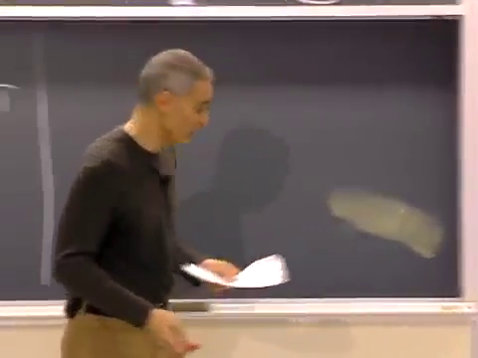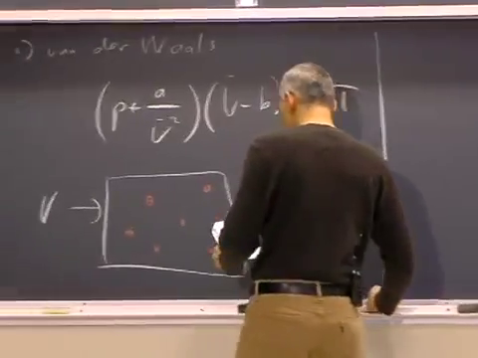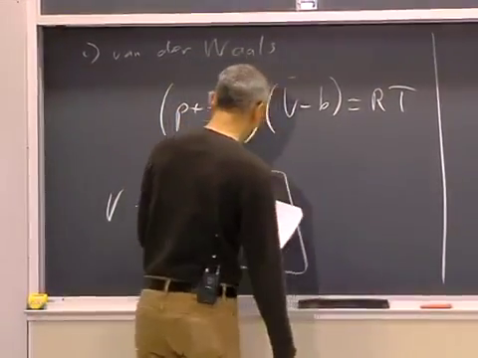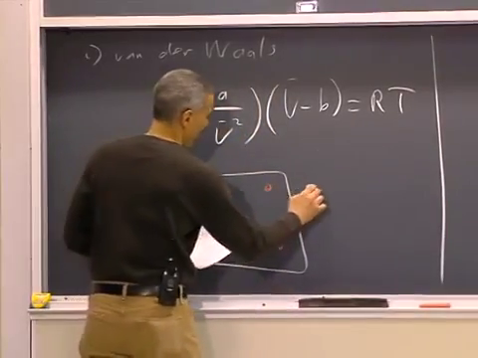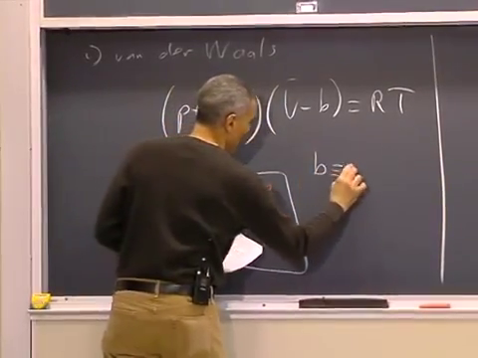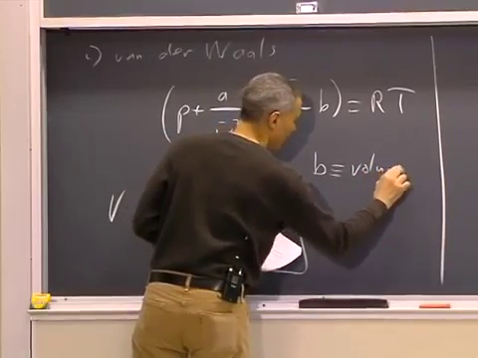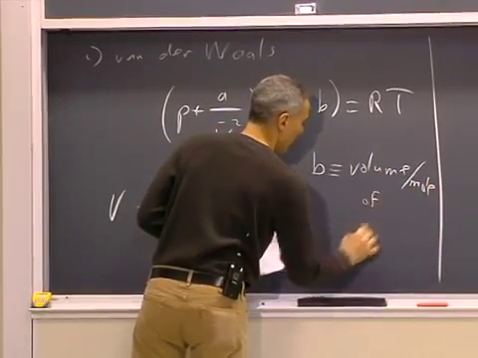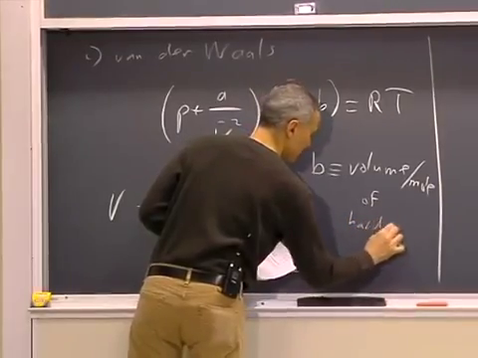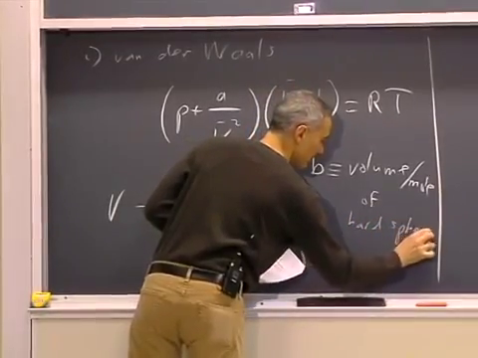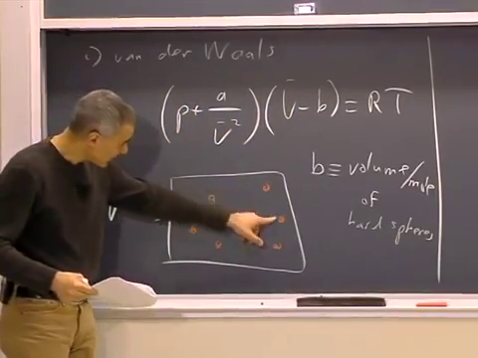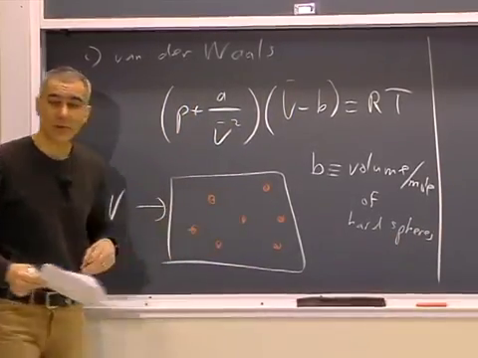Each atom or molecule occupies a particular volume. Right? And so we can call B the volume per mole of the hard spheres. Volume per mole, that is the little sphere that the molecules are.